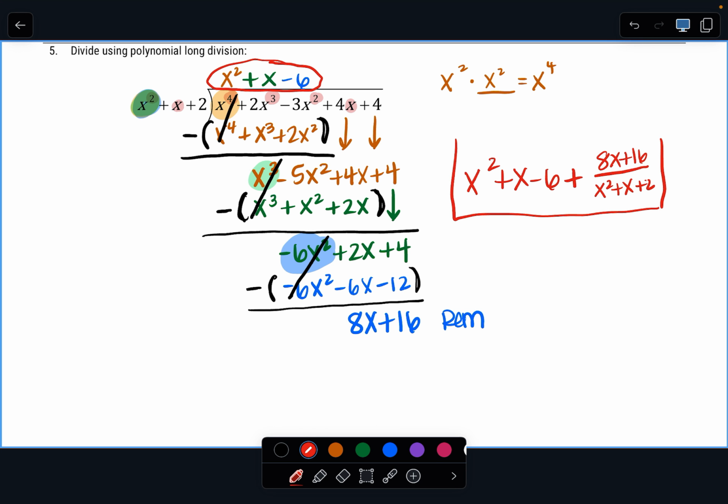And this will end up being my final answer. So when you get to a point where there's nothing else that you can do, it is mostly if your exponent is less than the divisor, you're done. That is your remainder. Write it as a fraction. You're done with your division.